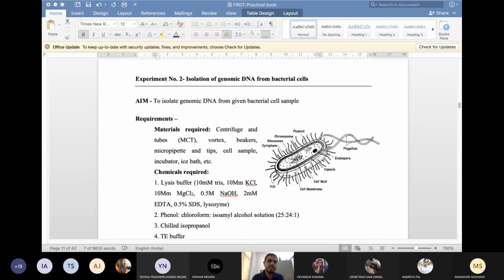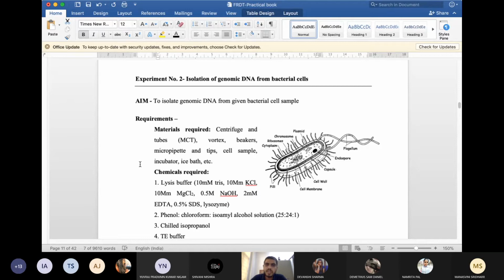As I was asking you, the prerequisite of getting a genomic DNA, when we are talking about genomic DNA, simply means you are going to isolate all the DNA that is present in the cell. As you all are saying, you need a cell. So what type of cell do you need? You need a type of cell depending upon your requirement.